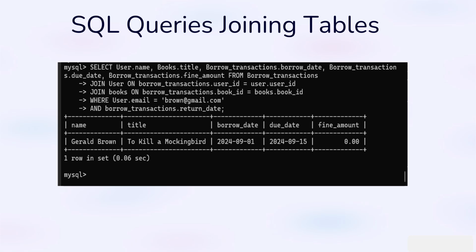So we are linking the tables of username and book title, so that a borrow transaction can be done by querying the username or any of the username attributes.